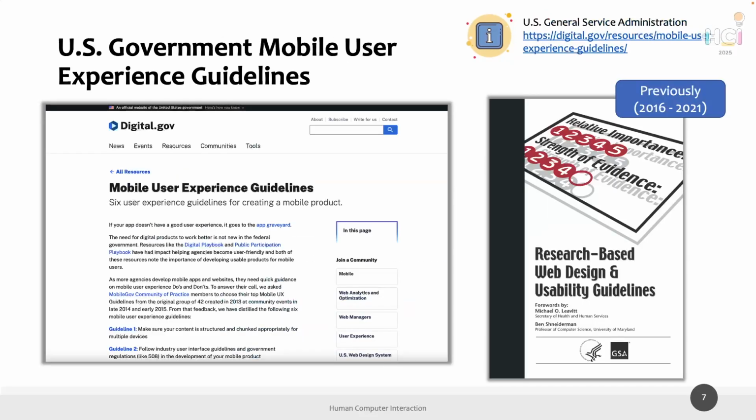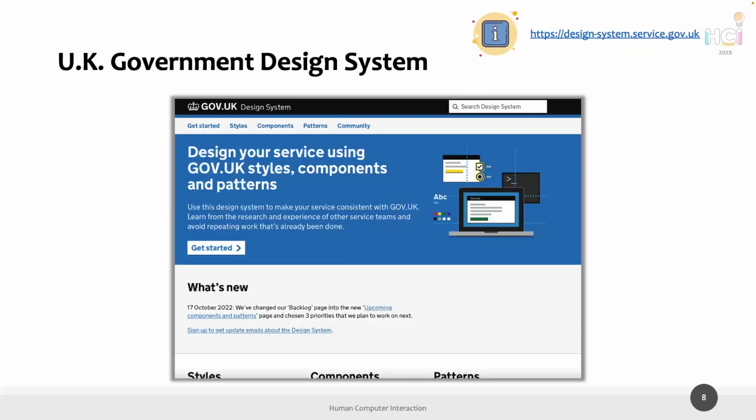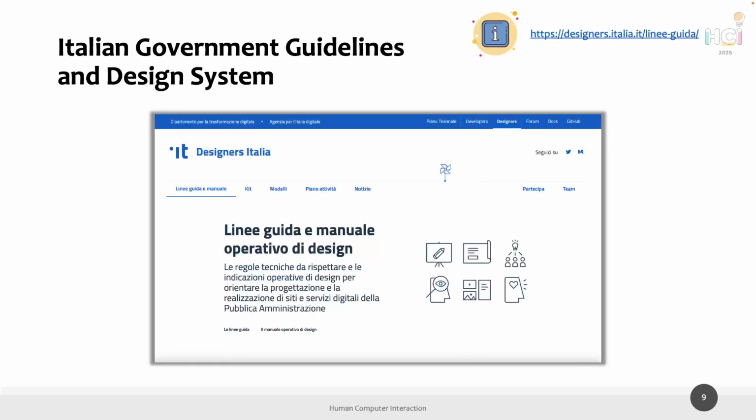Let's look at other examples. Governments typically have some guidelines for their own applications or websites. These, for example, are the mobile user experience guidelines for creating government applications in the US. If you are going to develop something for the US government, it's better to follow this kind of guidelines. Similar guidelines exist in the UK and in Italy as well.